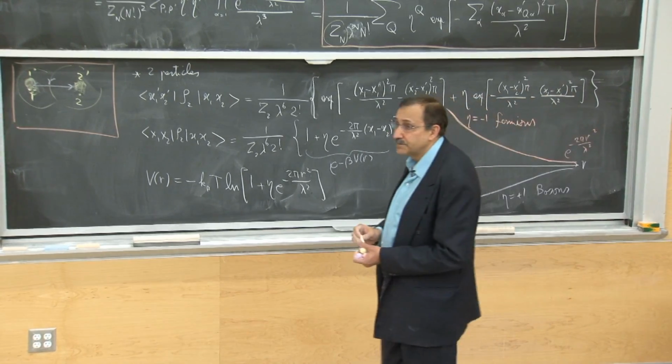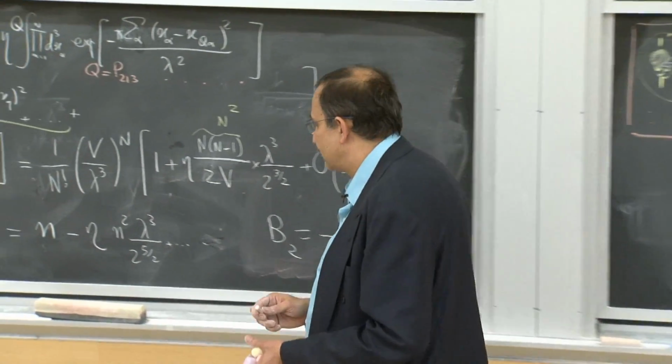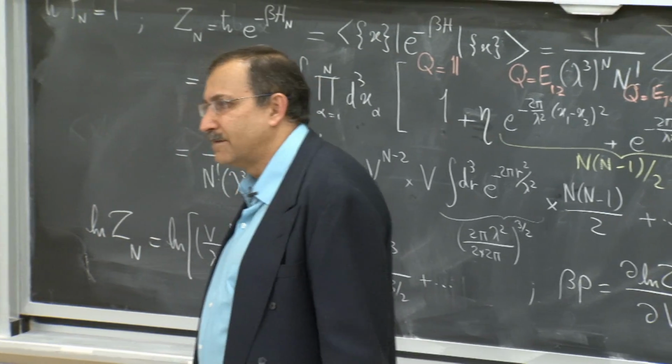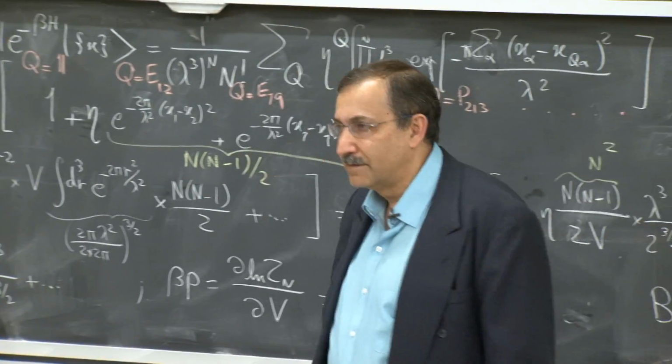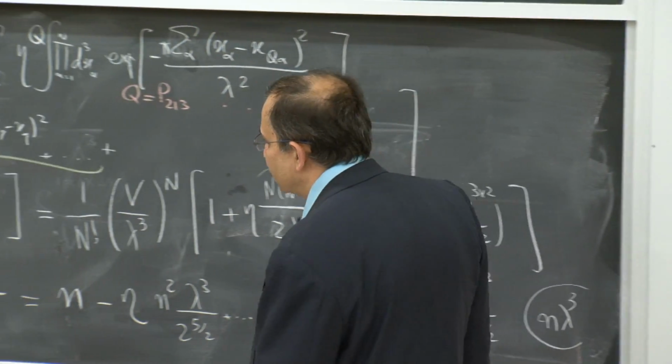Yes? You assume that we can use perturbation, but the higher terms actually have a factor, for example, of n cubed along with lambda cubed and b2. And we can't really use perturbation in that. Okay.